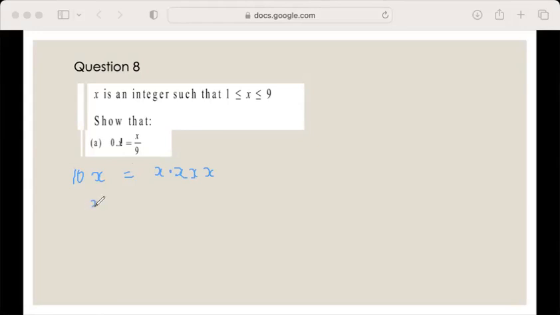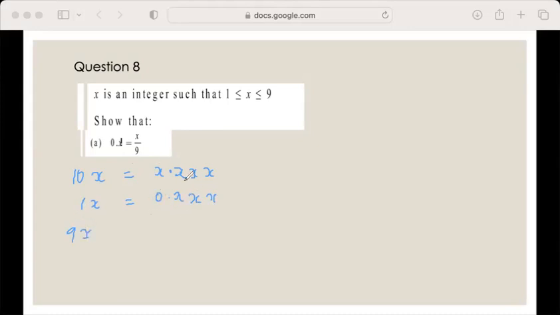So minus 1x, which is 0.x recurring. When you take away, 10x minus 1x is equal to 9x.